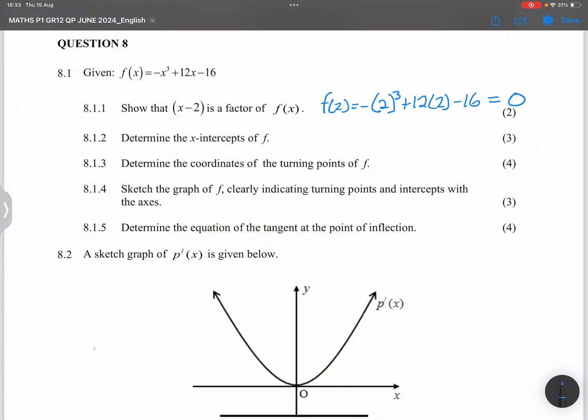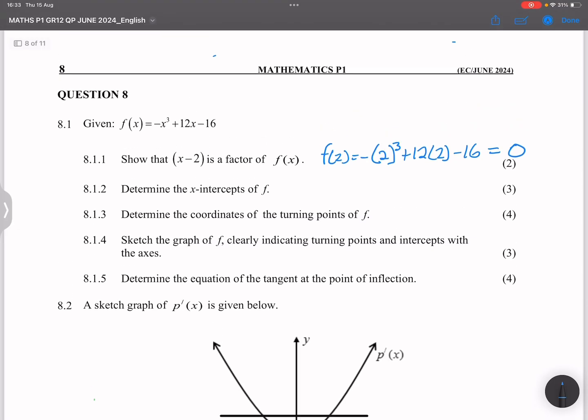Now they say determine the x-intercepts of f. Stay with me. We've now found out that x minus 2 is a factor, so we're going to use our remainder and factor theorem. So f of x, ladies and gents, is minus x cubed plus 12x minus 16.